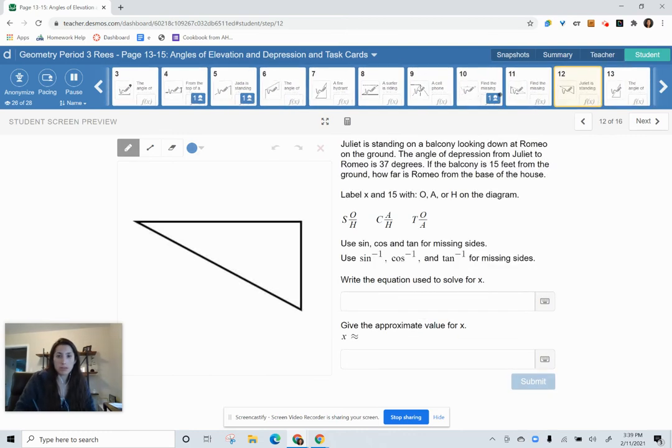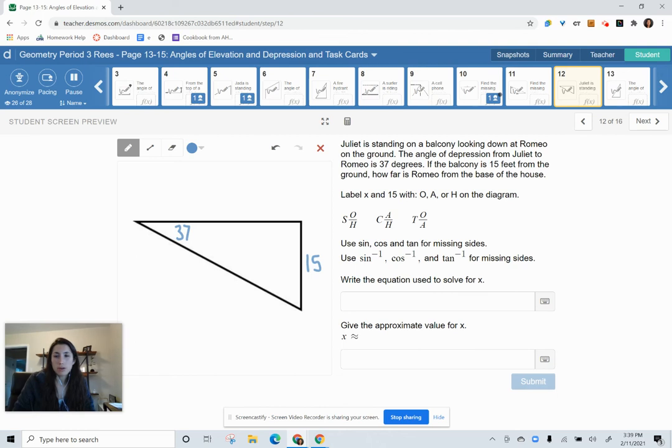Here we've got a 37-degree angle. So I kind of drew this triangle upside down so we can see it as an angle of depression in this way. Think of that as the angle of depression. And the balcony is 15 feet from the ground, so I'm going to put 15 here, 15 feet from the ground.